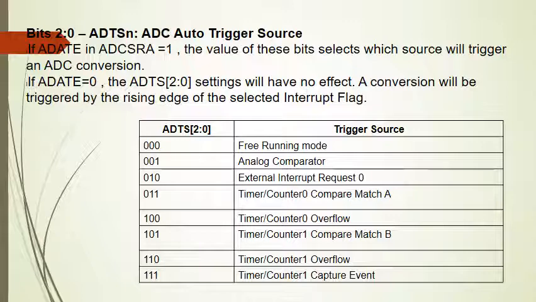Now, only if the ADATE bit of the status control register is 1 will the setting of these three bits be helpful. If that ADATE bit is set to 0, then the settings of these three bits have no effect. Then the conversion will be triggered by the rising edge of the selected interrupt flag. So to sum up, these three bits are used to select which source will be used as the triggering source for the analog to digital conversion.